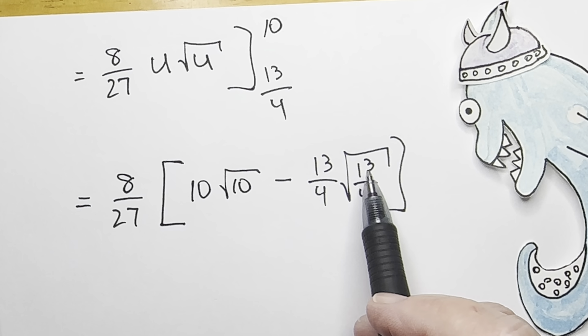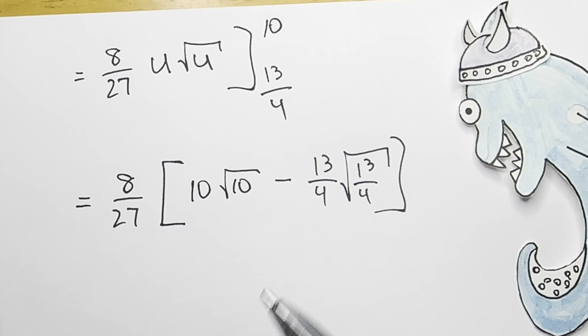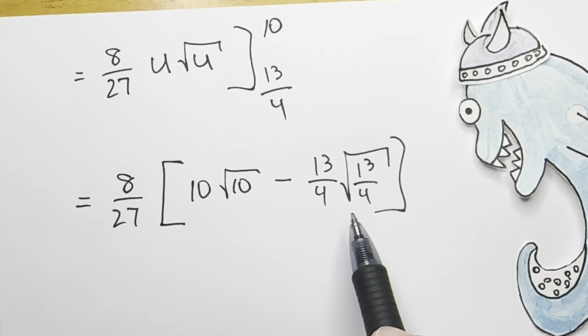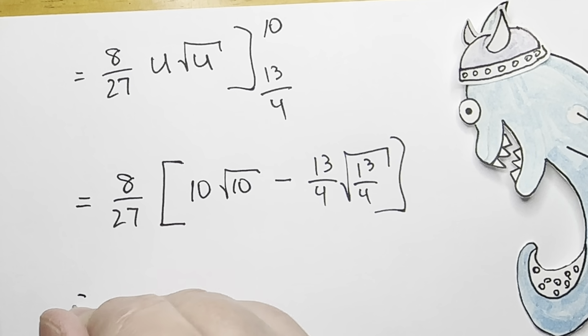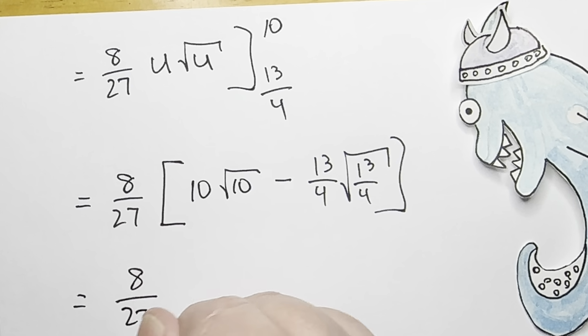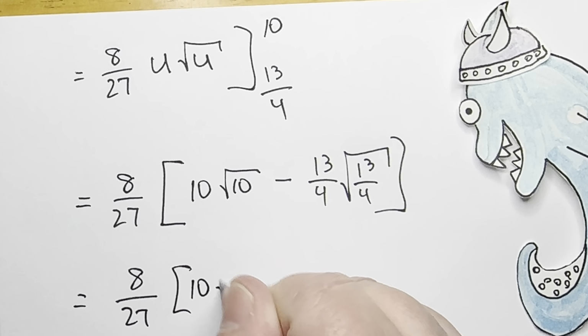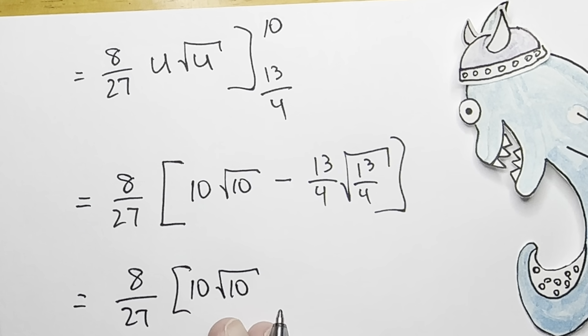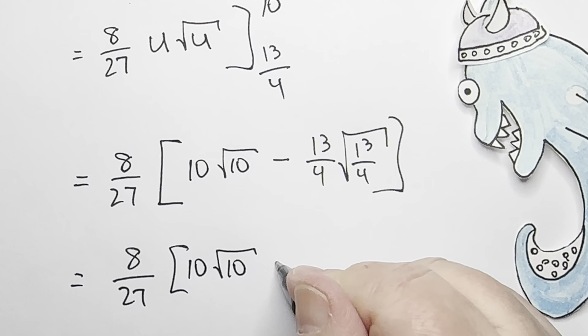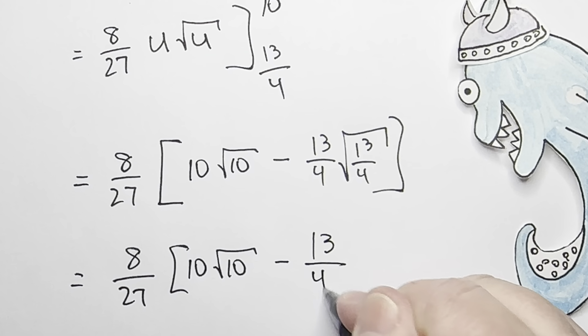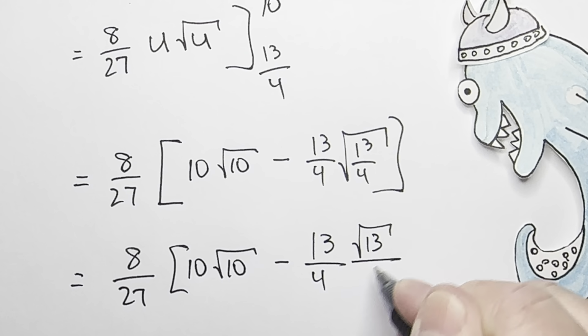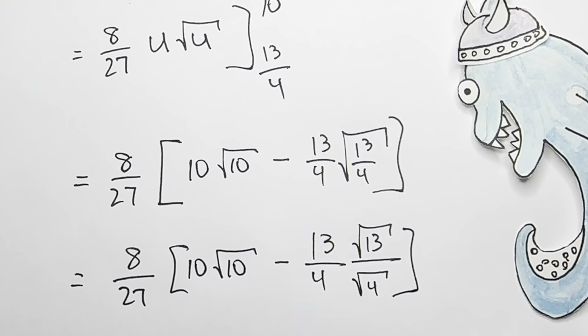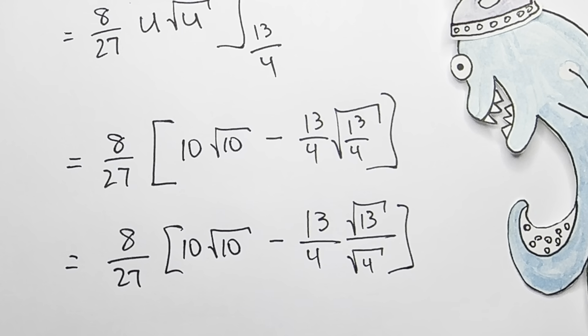Square root of 13, radical 13 doesn't simplify nicely, but the square root of 4, radical 4, that's going to be 2. So 8/27 times 10 radical 10. Not much I can do there, but here I get 13/4 radical 13 radical 4. That's really 2.